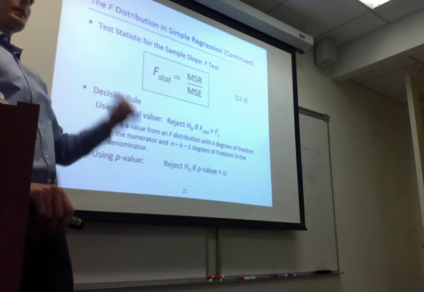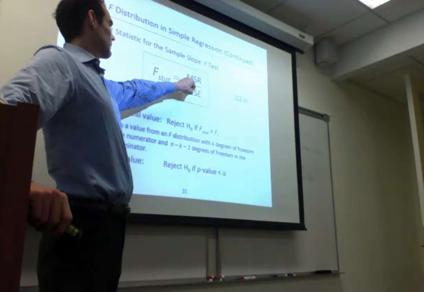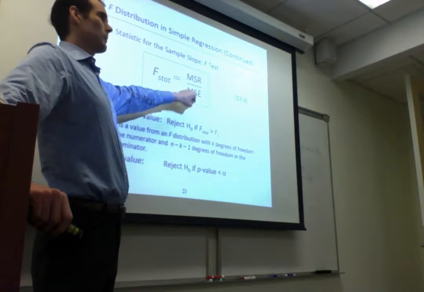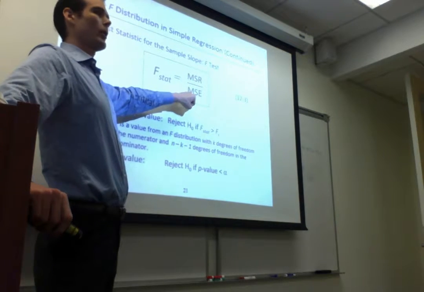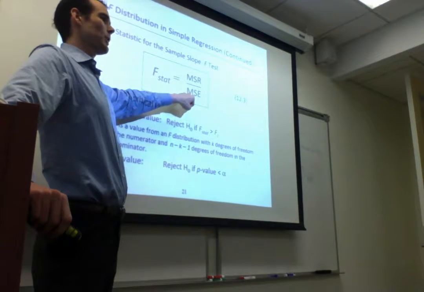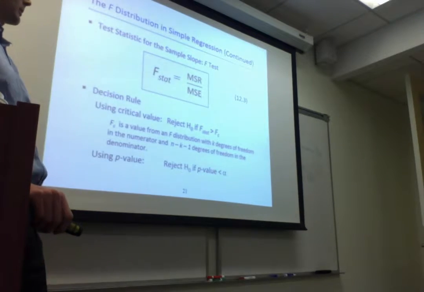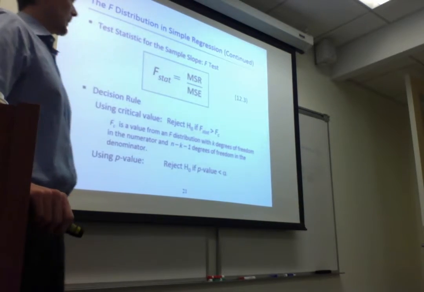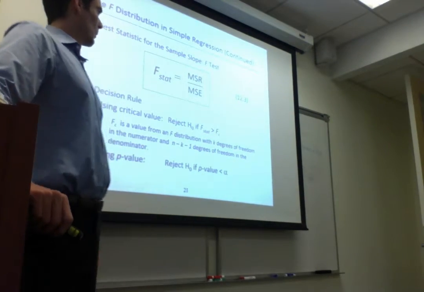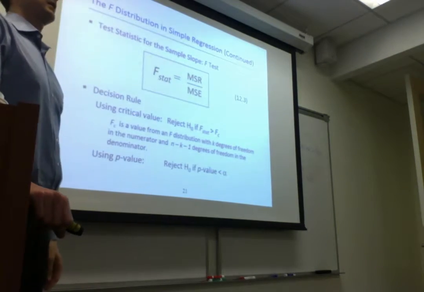When we calculate that F statistic, we remember what we did to get the mean square regression and the mean square error. We remembered how many independent variables, how big the sample size was. We remember that because that's going to be important when we open up the F table. And we consider that when we consider how large this number is.